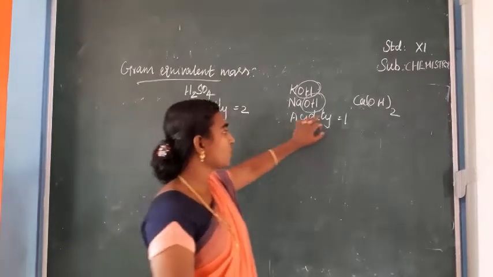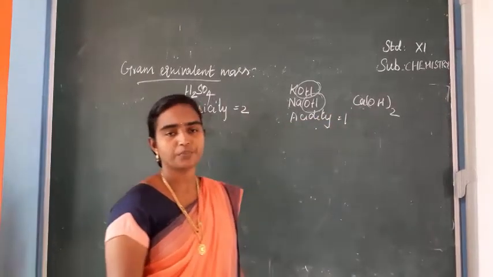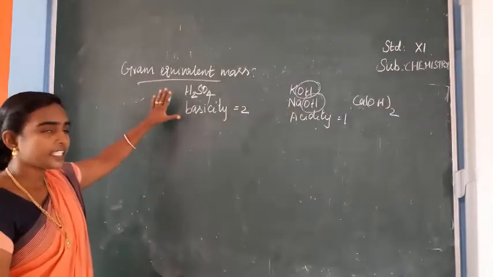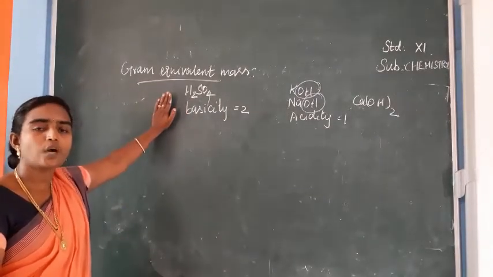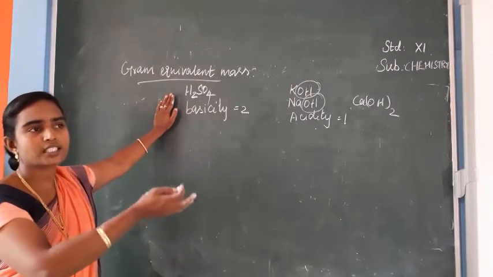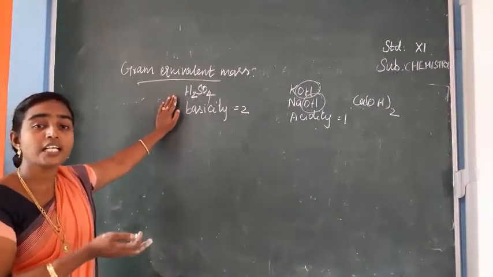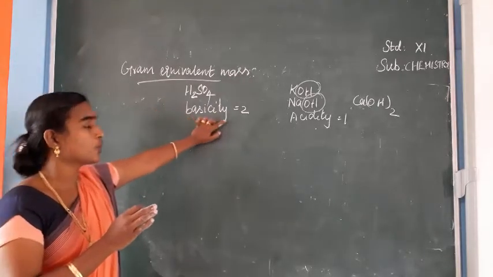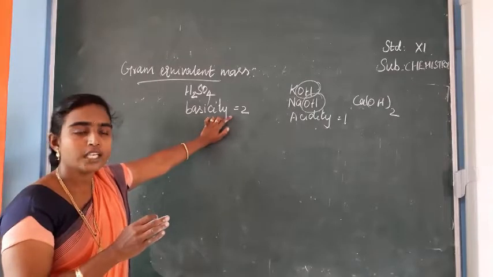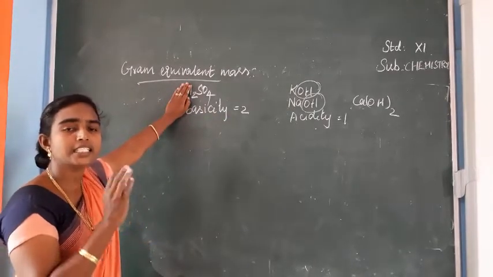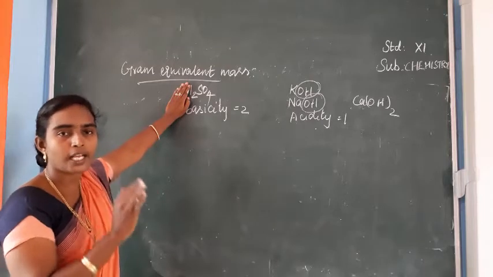So the acidity of calcium hydroxide is 2. Is it clear? I will explain the gram equivalent mass of sulfuric acid, but potassium hydroxide and some more examples are also given, and you have to study these too. So basicity is equal to 2, found from the number of replaceable hydrogen atoms of the acid.